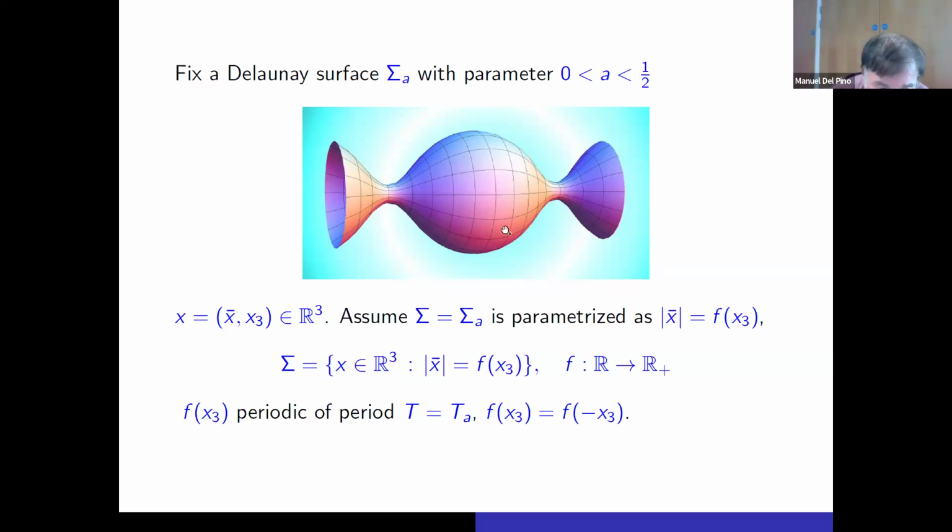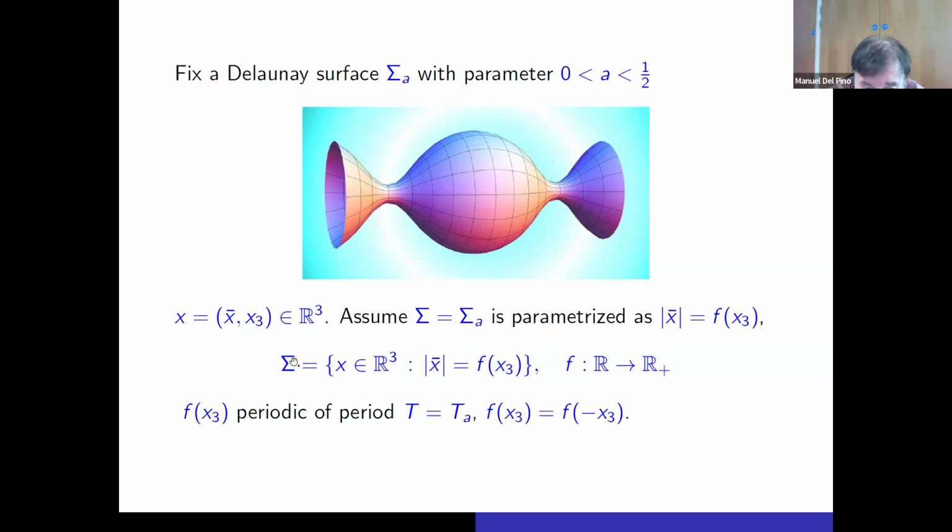Okay, so as I mentioned before, this surface of revolution can be parameterized in the following way. If you label points in space as x bar, x3, in this picture x3 is meant to be the axis.